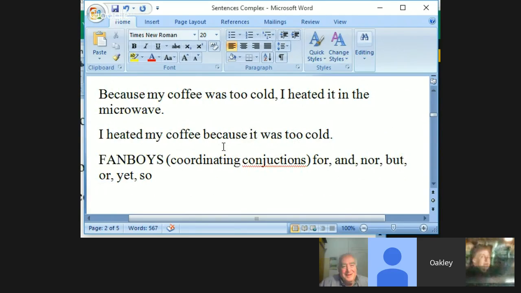Yeah, but you cannot think about English that way, cause and result that way. Cause and effect. Because my coffee was cold, so I heated it in the microwave.